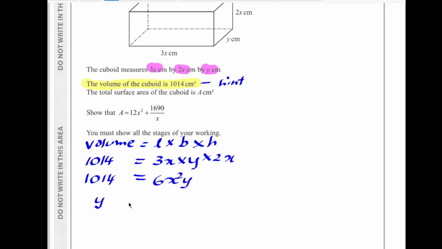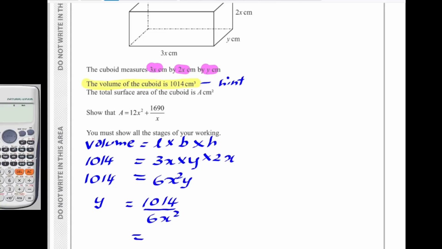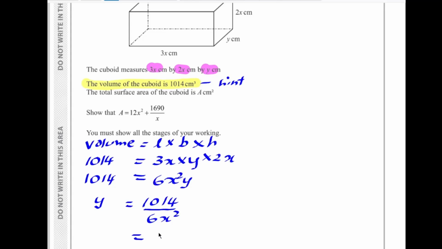Now I can make y the subject, since we don't want y in our surface area. Wherever we get y, we replace it. Therefore, I'm getting y equals 1014 divided by 6x squared. When we simplify this, 1014 divided by 6, we are getting 169. Then 169 over x squared is y.